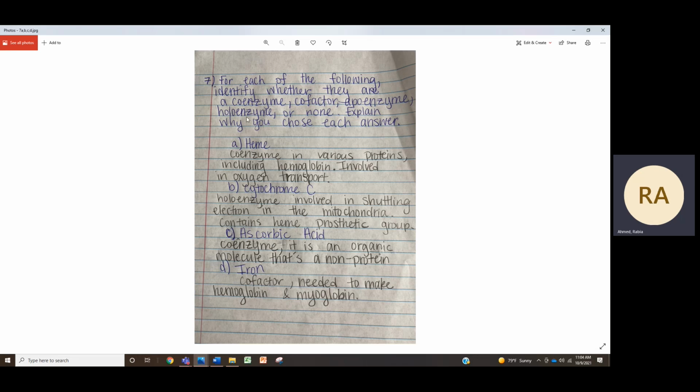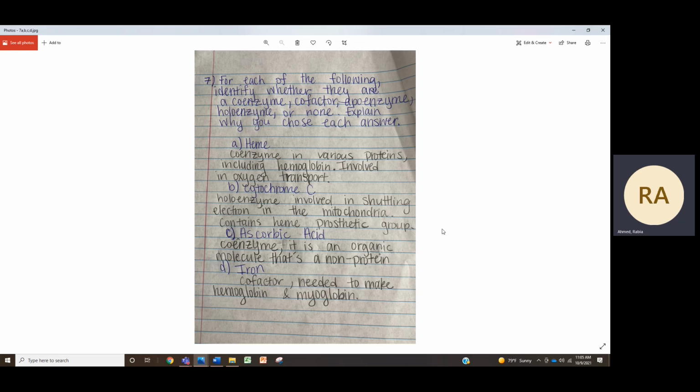And then the holoenzyme is with the prosthetic group, as we can see in B, I believe. So that includes the prosthetic group, which helps the enzyme to function. And so apoenzyme is without the prosthetic group, and holoenzyme is with the prosthetic group, which essentially helps to function. So kind of know the basic meaning of these 4 terms for the exam.